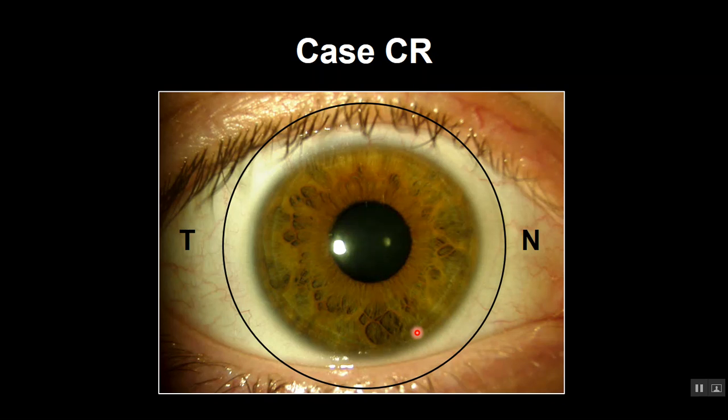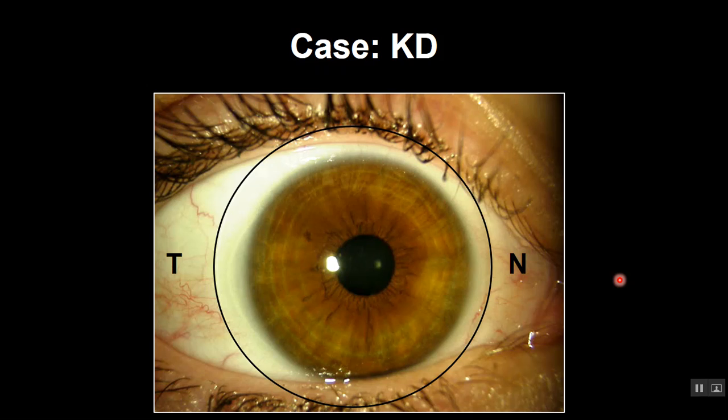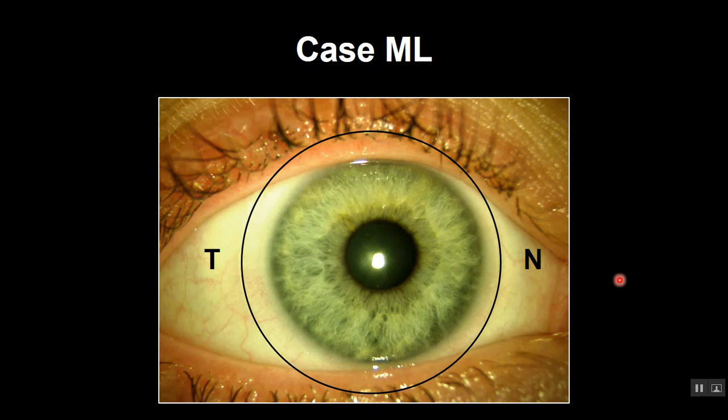Here's patient CR, and now we're noticing a slight amount of temporal decentration of our conventional standard soft lenses. Here's patient KD, much more temporal decentration. Patient ML, again, lots of temporal decentration.